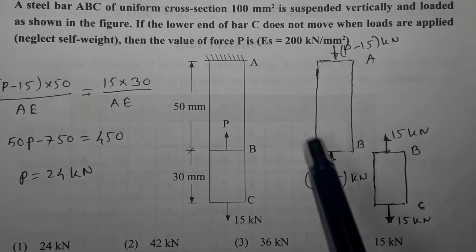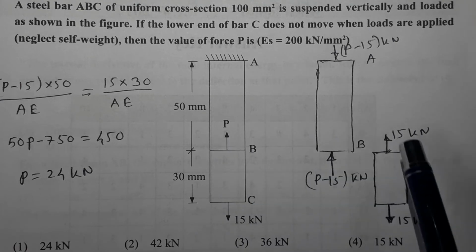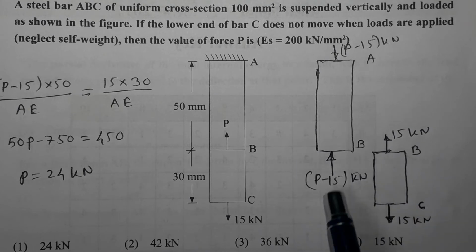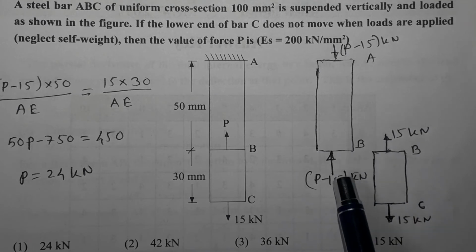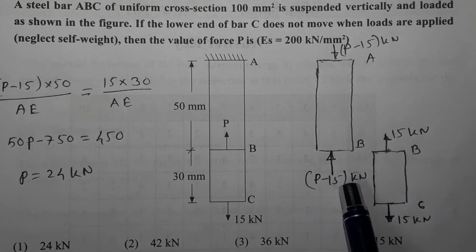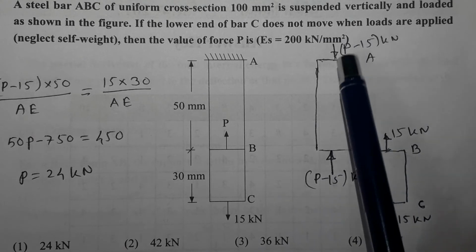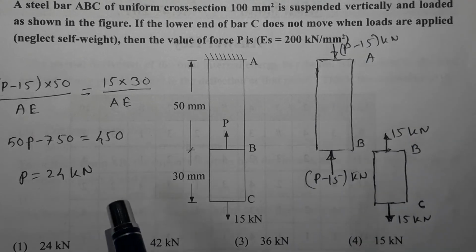Now AB should also be in equilibrium. Total load P is acting over here, out of which 15 kilonewton has been taken by BC, and the remaining will be taken by this member, that is P minus 15 kilonewton. And if the applied force is P minus 15, the reaction will also be equal to P minus 15.